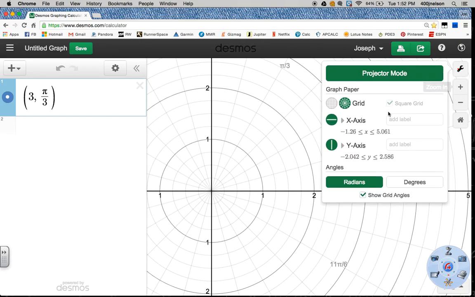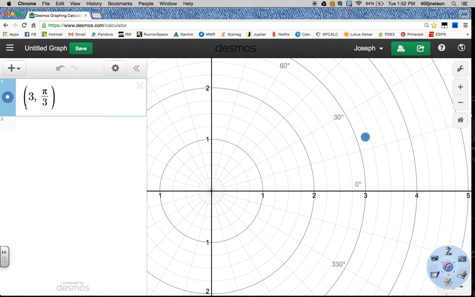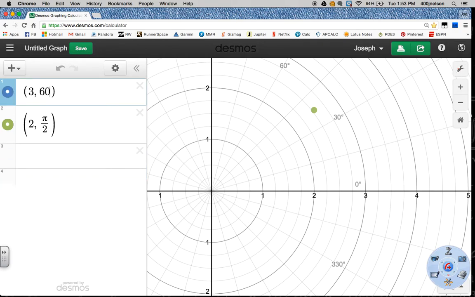Am I in the right mode? I'm in radians. This is not coming up correctly. Okay, I will change these to degrees. 60.